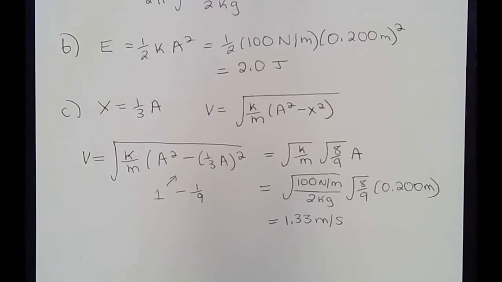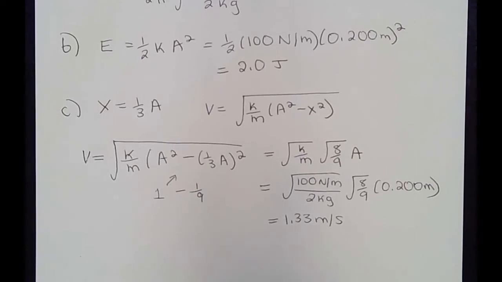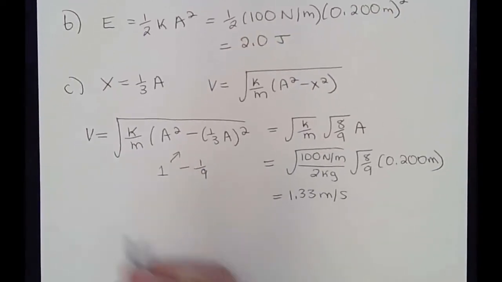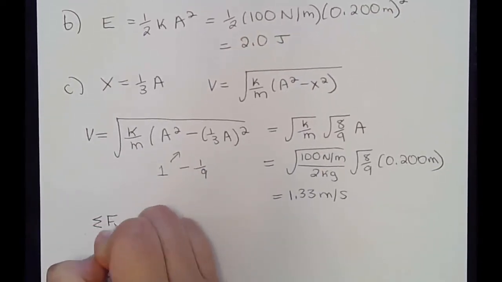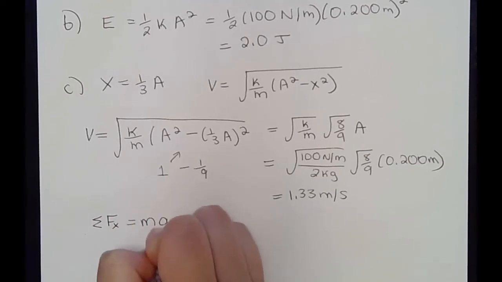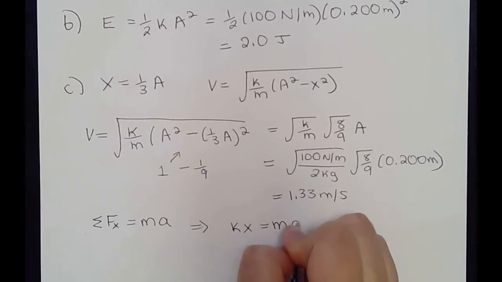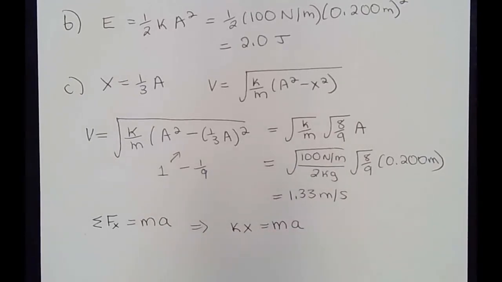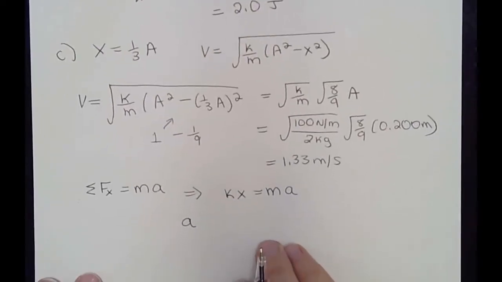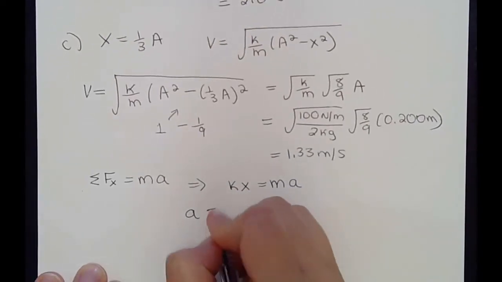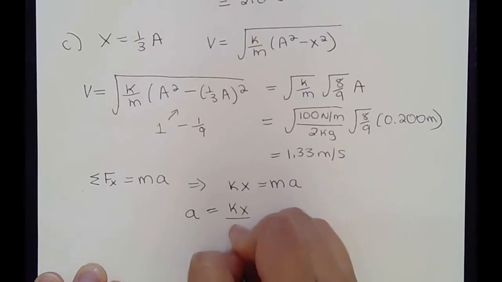And we want the acceleration. So the acceleration now can come from Newton's second law. Sum of those x forces equals ma. So kx, it's been released at this point and it is in simple harmonic motion, so there's no longer an applied force. So we'll have a equals kx over m.